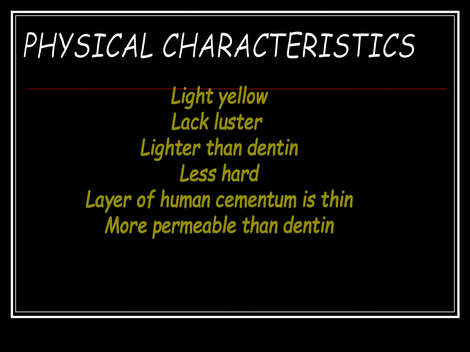The physical characteristics of the cementum are that it is light yellow, dull lustered, lighter than the dentine, and less hard. The layer of human cementum is thin, more permeable than the dentine, and cementum surrounds the root portion of the teeth, while enamel covers the crown of the teeth, which is seen externally.